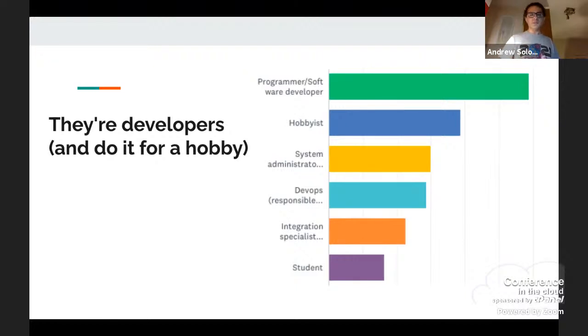Then you've got sysadmins, DevOps, and integration specialists. That's really interesting. So integration specialists are people who write lots of code to glue systems together. Like you're providing an advertising service for another company.